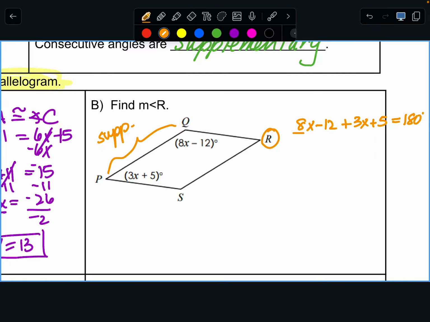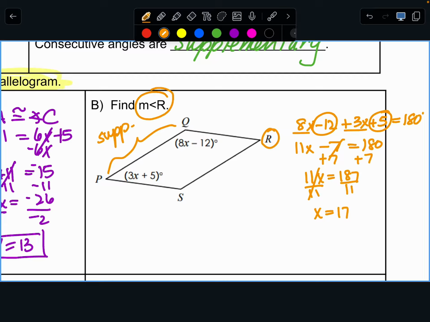So then 8 plus 3, that's 11x, minus 12 plus 5, that becomes negative 7, equals 180. Add 7 to both sides. 11x equals 187. Then we divide, and x is 17.